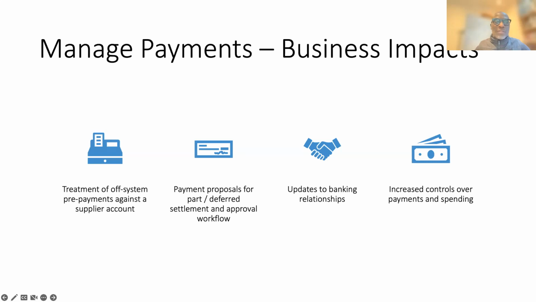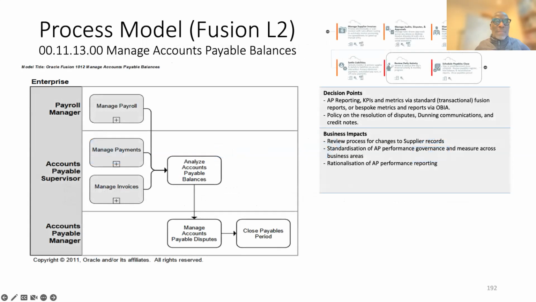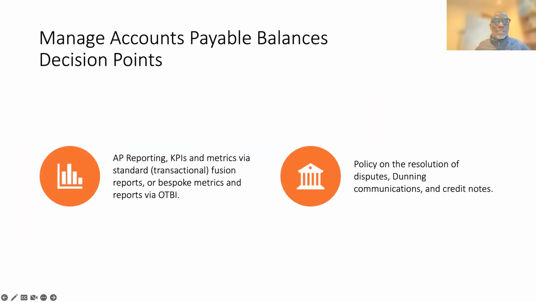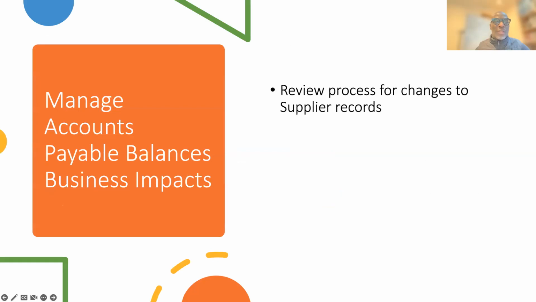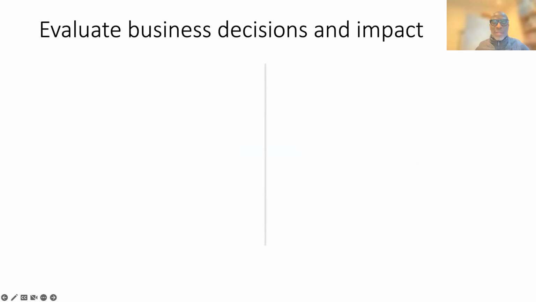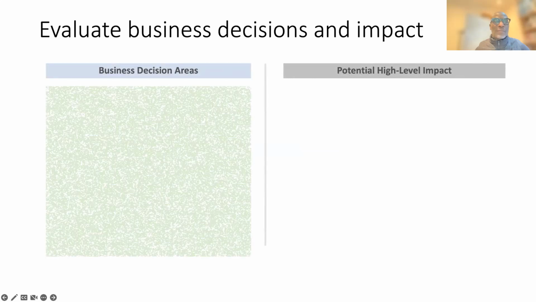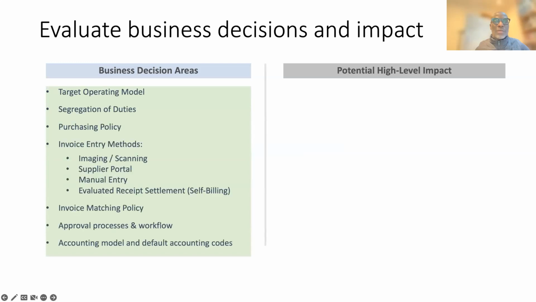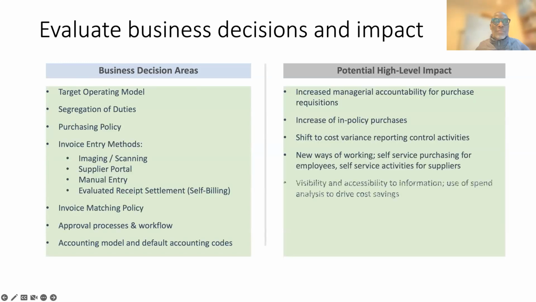So you have the core flows. This is for payable balances, similar kind of thing, the key decision points, the business impacts, and also evaluating the key decision areas and the potential high-level impact.